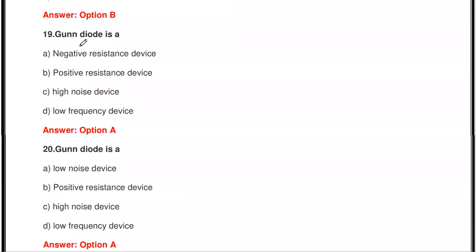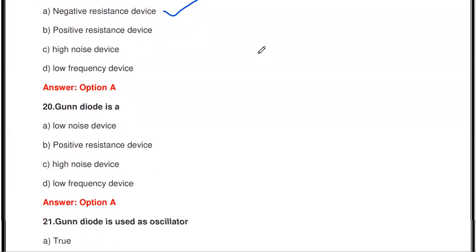The next one. Already you know the transferred electron device has the negative resistance property, and the Gunn diode is a transferred electron device. So the Gunn diode is a dash: negative resistance device, positive resistance device, high noise device, low frequency device. The Gunn diode is a negative resistance device, similar to the tunnel diode.